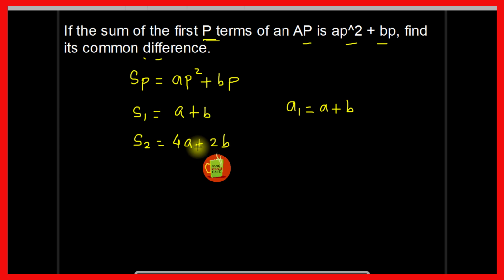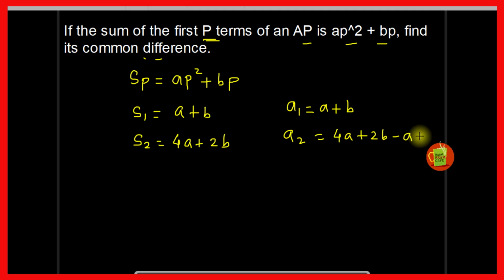This is the sum of the first two terms, and therefore the second term will be the sum of the first two terms minus the first term, so it will be 4a plus 2b minus a minus b. This will be equal to 4a minus a, which is 3a, and 2b minus b, that will be plus b.